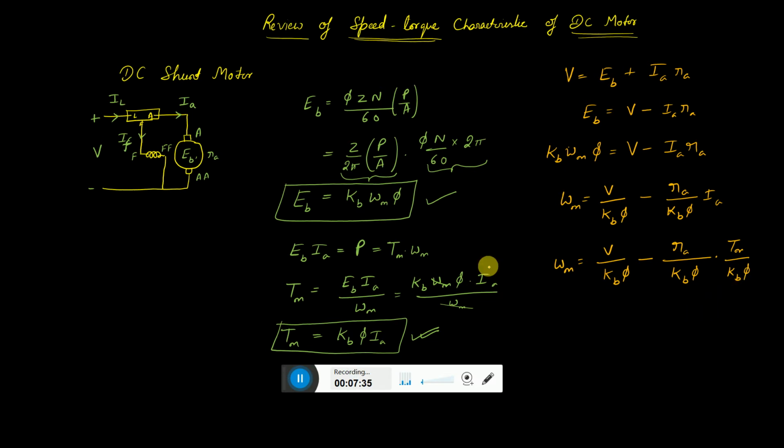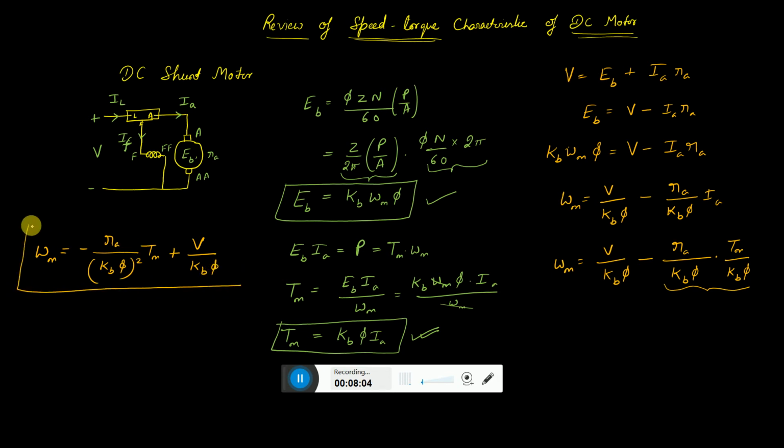Now I am writing this expression again: omega m is equal to minus of Ra by KB phi whole square into torque Tm plus V by KB phi. So this is the expression of speed with respect to the torque that we are getting for the DC shunt motor.